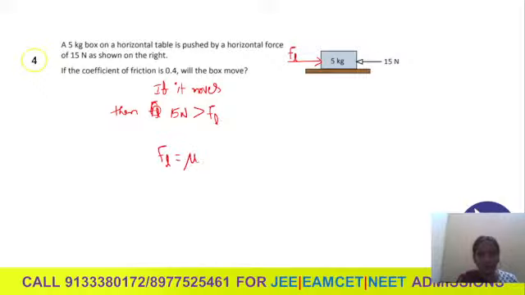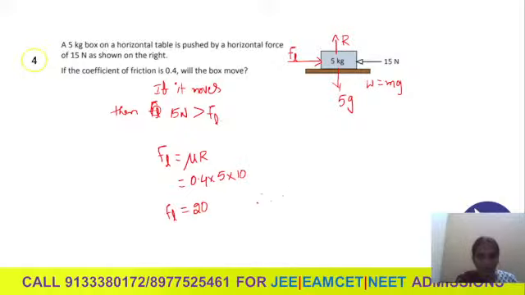Fl is equal to mu into R. Here R is the reaction force, which is balanced by the weight mg, so 5 into g. So we can write mu is 0.4, mass is 5, g let us take the approximate value 10.